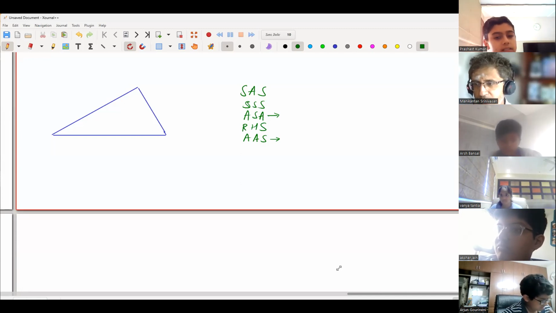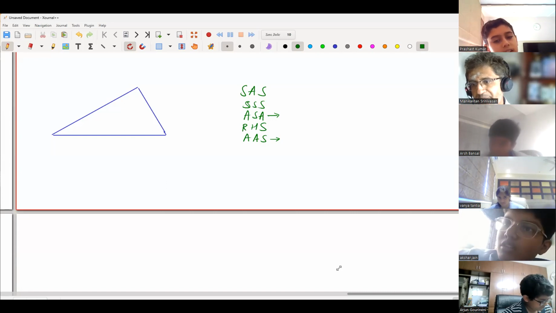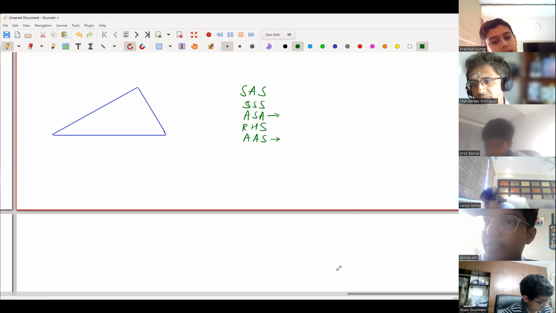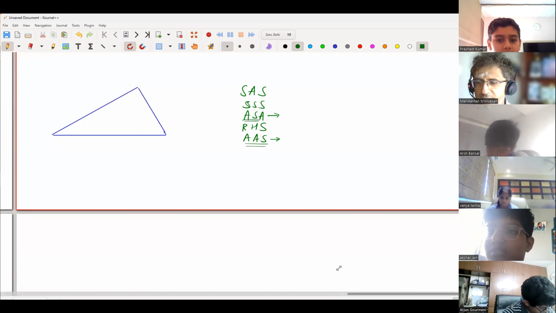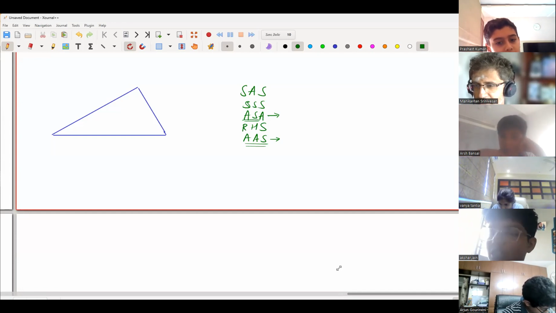Okay, Akshar, what about you? Sir, I think they are similar because it requires two angles to be same and one side to be same. Okay, but then what is the difference between ASA versus AAS then? Why do we list them out as two different ways of congruency? I'm not sure.